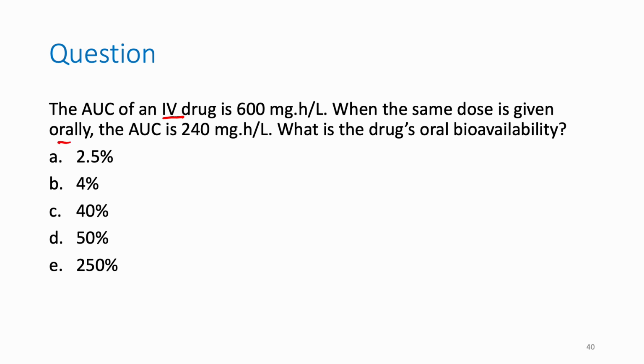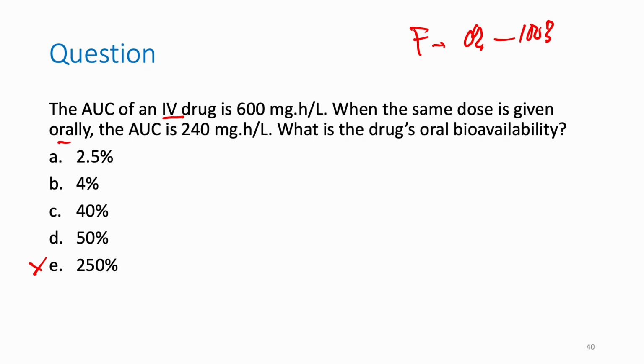When you compare the bioavailability of oral to the IV drug, you will have the absolute bioavailability. And the absolute F should be within 0% to 100%. It cannot be more than 100%.